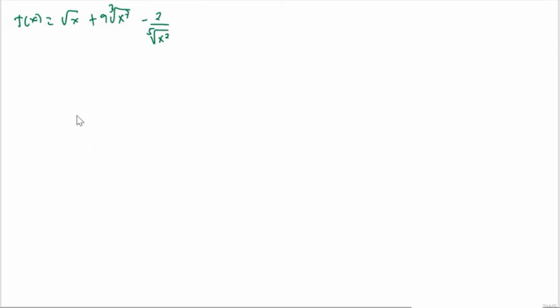x squared. So before we take the derivative of that using the differentiation formulas, we are going to convert the radical form into a fractional exponent.